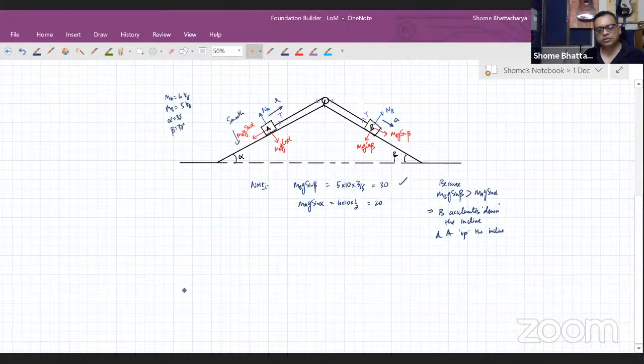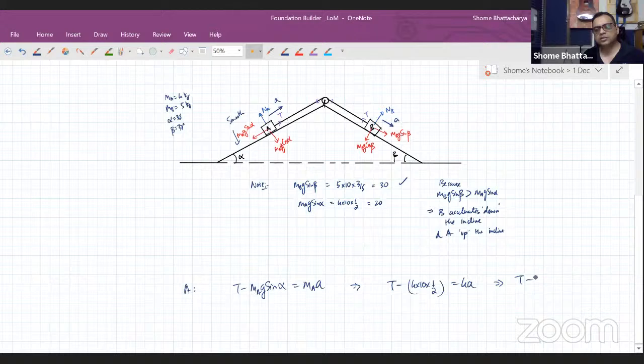So for the block A, you can see the equations you will get are like this. T minus mg sine alpha is mass into acceleration. So this equation is T minus 4 into 10 into half is equal to 4a. So T minus 20 is equal to 4a. This is your equation 1, let's say.